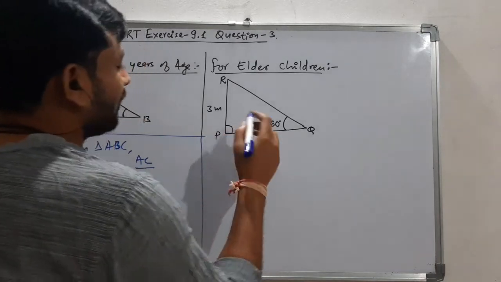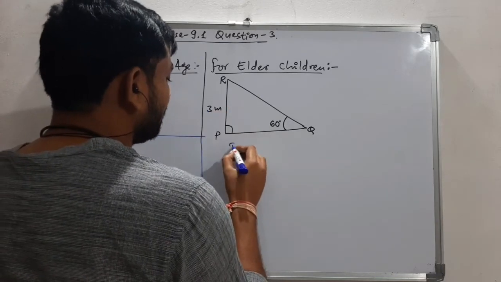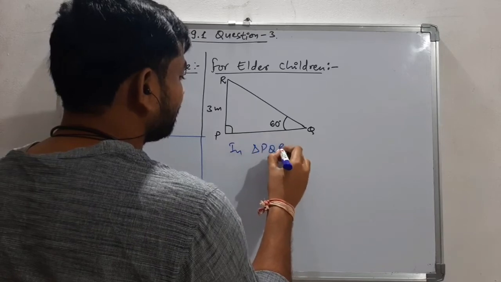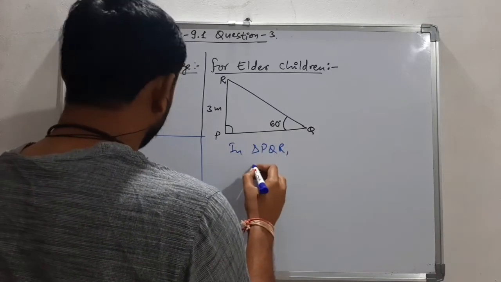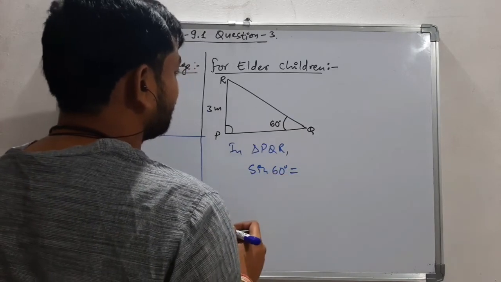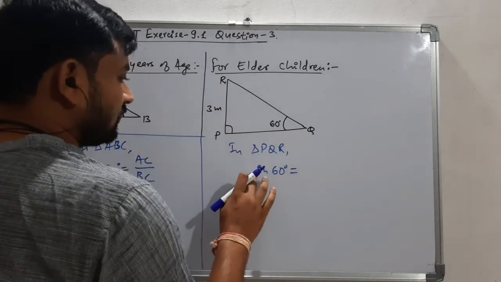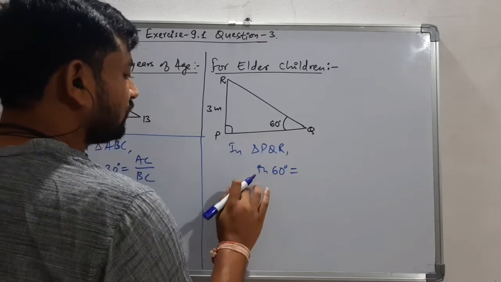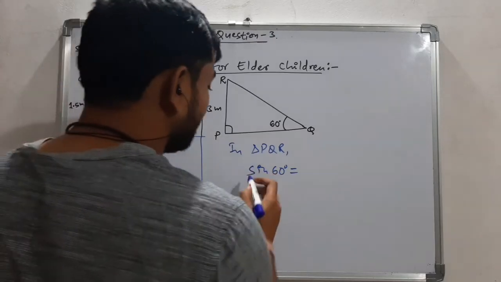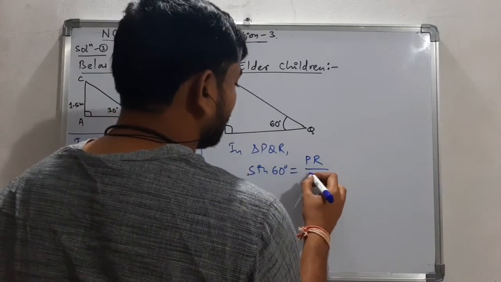Similarly for elder children of age above 5 years, in triangle PQR we can write the same situation here. Here also the angle is 60 degree, so sine 60 will be perpendicular, that is PR, upon QR.